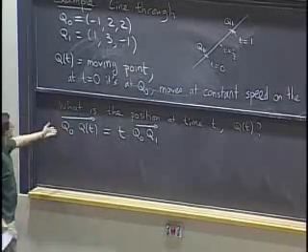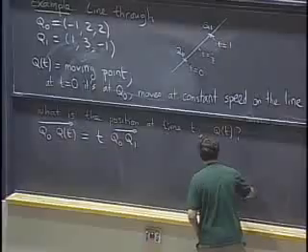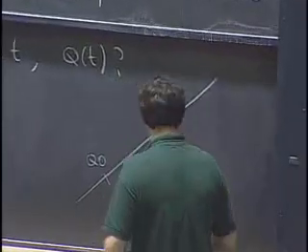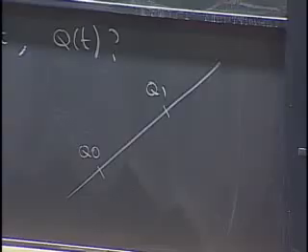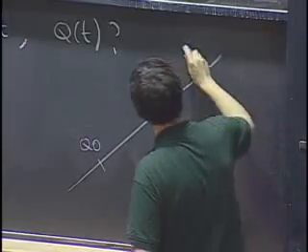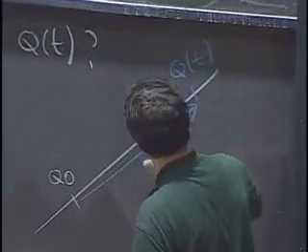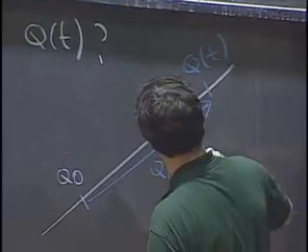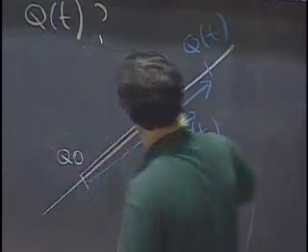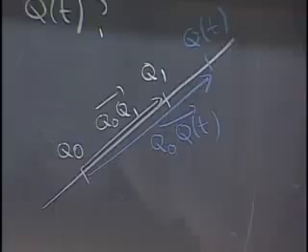At time 1, it's exactly the same. Maybe I should draw another picture again. I have q0, I have q1, and after time t, I'm here at q of t, where this vector from q0 to q of t is actually going to be t times the vector q0q1. So when t increases, it gets longer and longer. Okay?